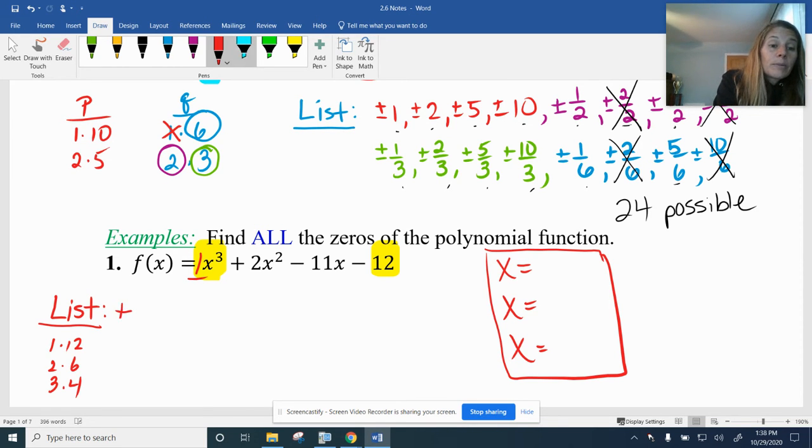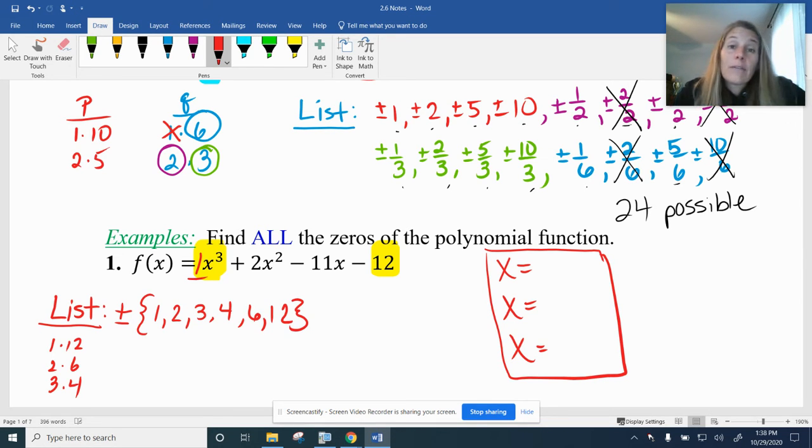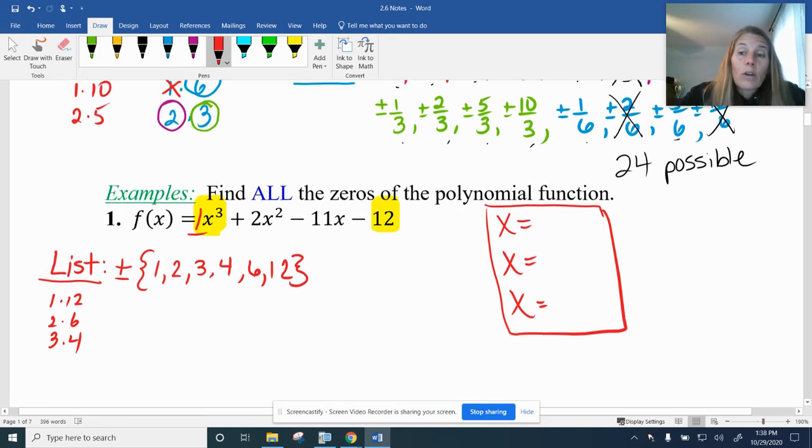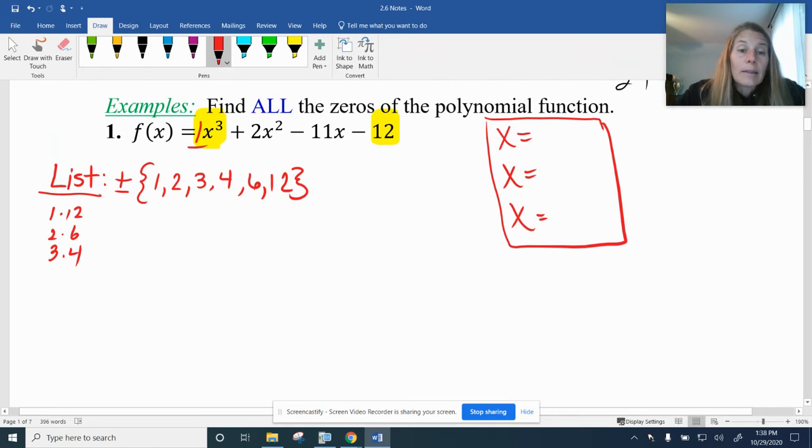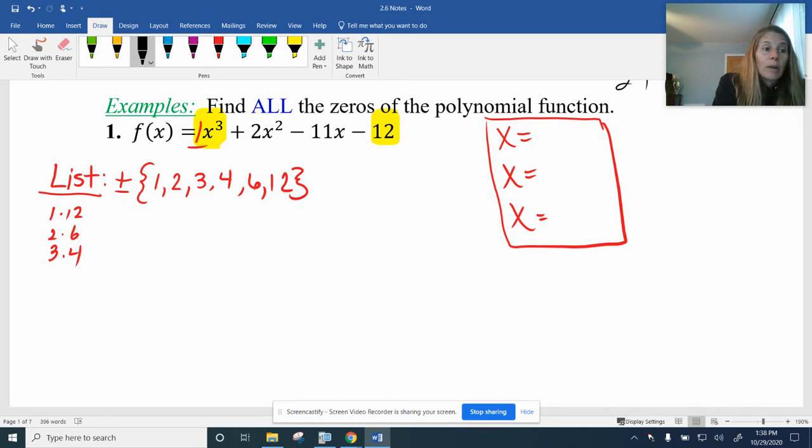So my list is simply positive or negative 1, 2, 3, 4, 6, and 12. And remember, each one of those is both a positive and a negative, so there's actually 12 different choices that we can start with. So at this point, you would just want to pick a number from that list. It is still a little bit random, but that's better than starting with a whole bunch of numbers.